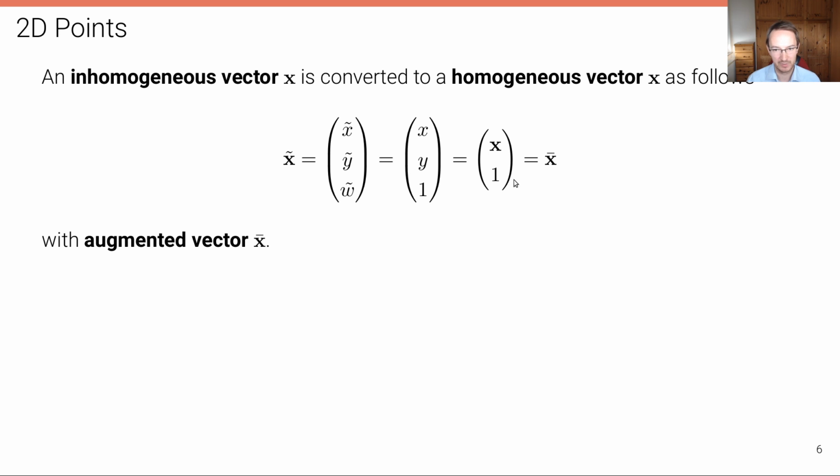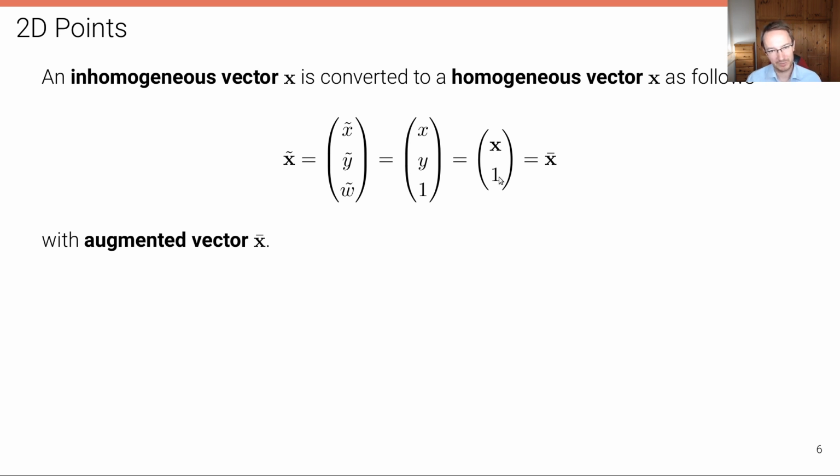And so here we have an inhomogeneous vector x, and we concatenate a 1 to this two-dimensional vector to obtain a three-dimensional vector. And then this is going to be a homogeneous vector where the first two coordinates are the inhomogeneous part.